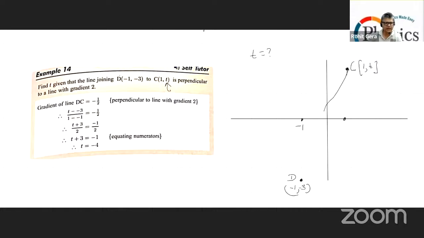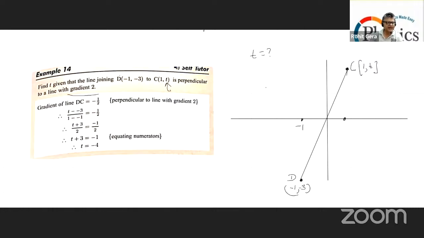Sorry, I will use a line instead. I can't make it straight, but let me just pick this up and join. Now, this line CD is perpendicular to a line with gradient 2. Gradient 2 means this line has a slope of 2.